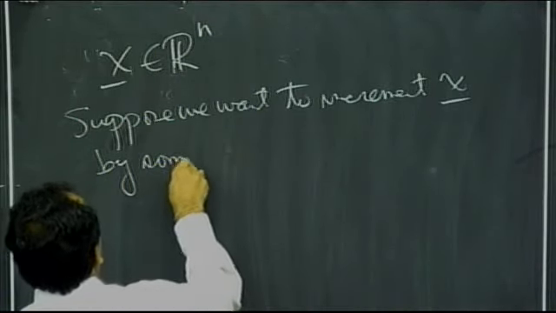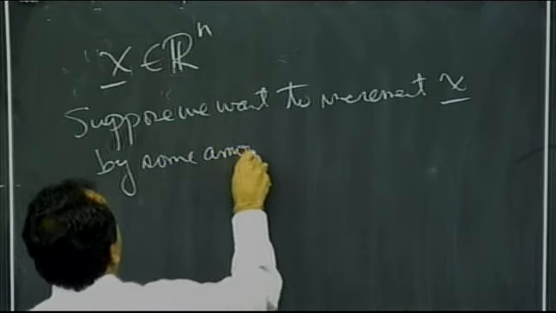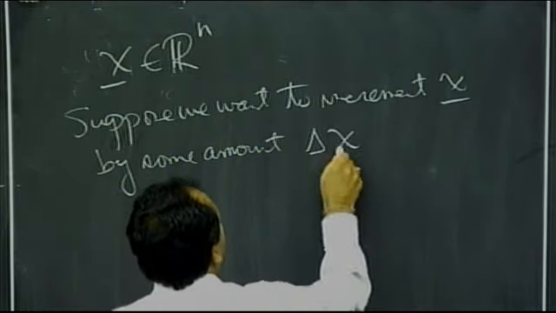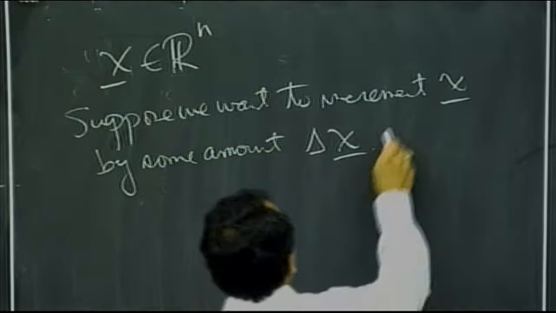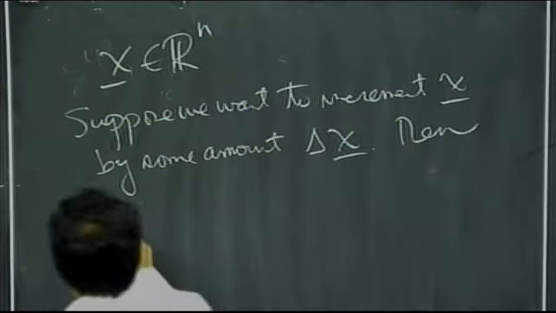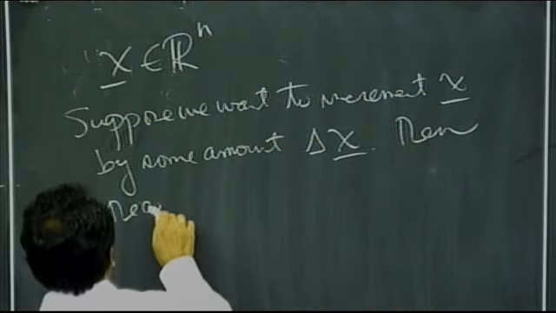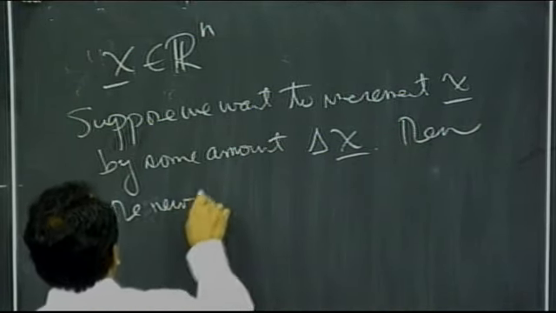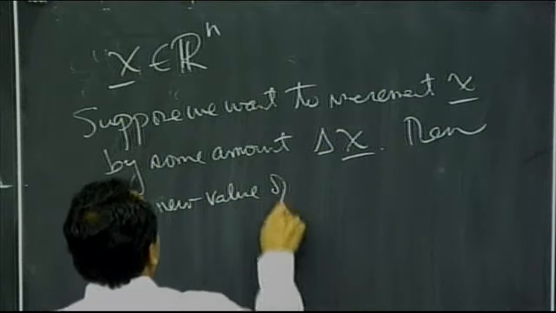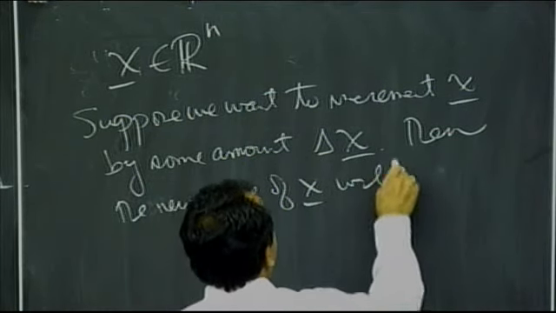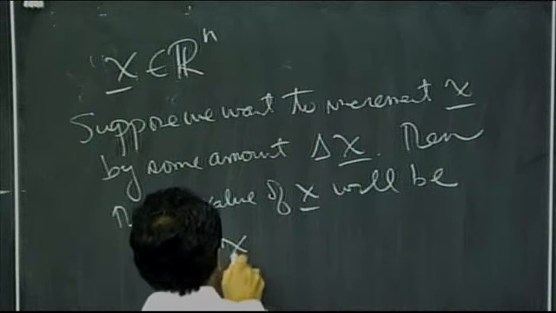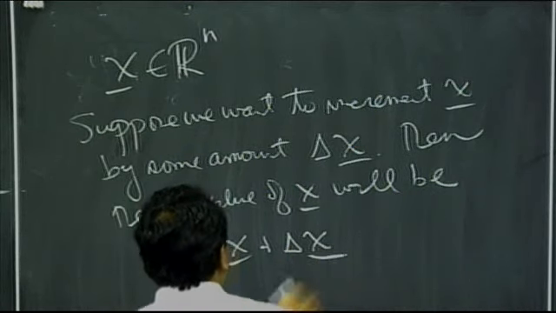Let's suppose I call that amount delta x. Then the new value of x will be x plus delta x.